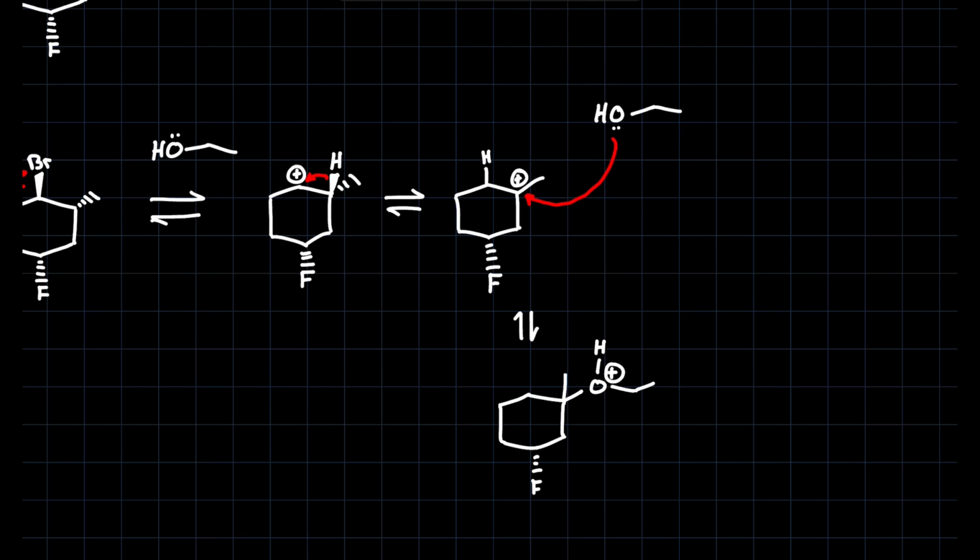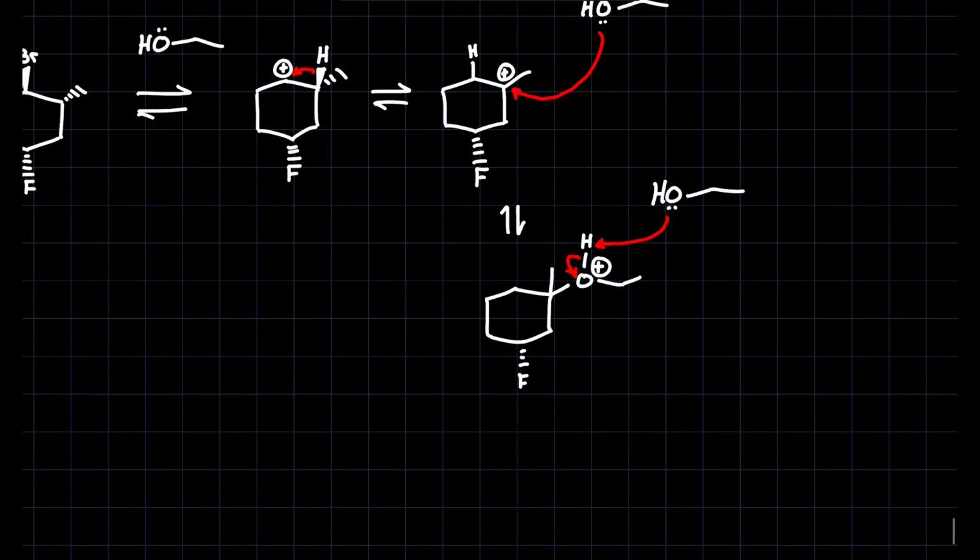And yet again, that oxygen is still going to have a positive charge, making this hydrogen more acidic. So we'll undergo an acid-base workup step where another ethanol molecule will act as our base, lone pairs will steal the acidic hydrogen, electrons will fall back down onto oxygen, and we now have our final product.